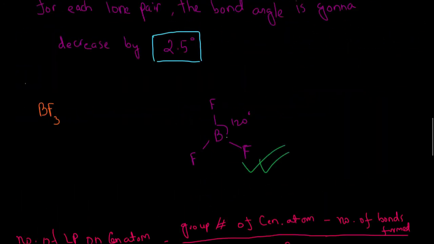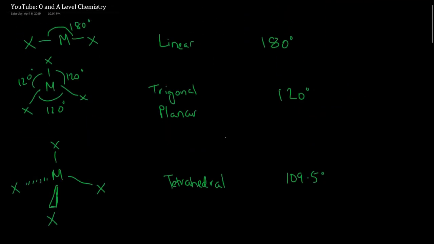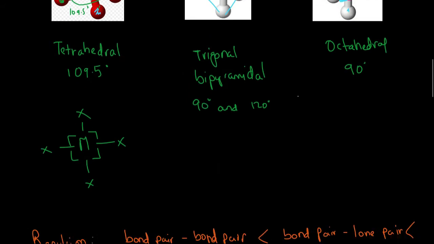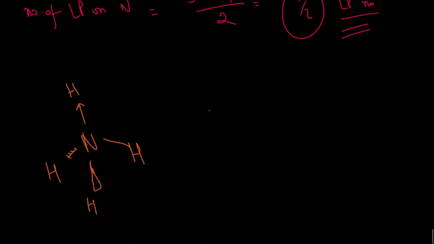So I'm going to go up to this thing which you should memorize. This is tetrahedral: 4 bond pairs, bond angle 109.5. So this shape is going to be tetrahedral, and the bond angle is going to be 109.5 degrees. Oh, I forgot to put a plus, so let's just put it here.